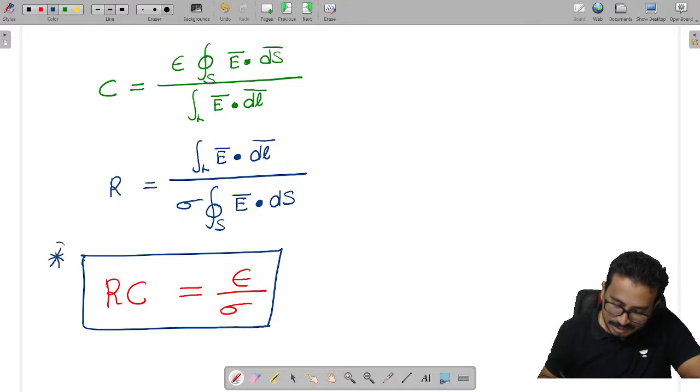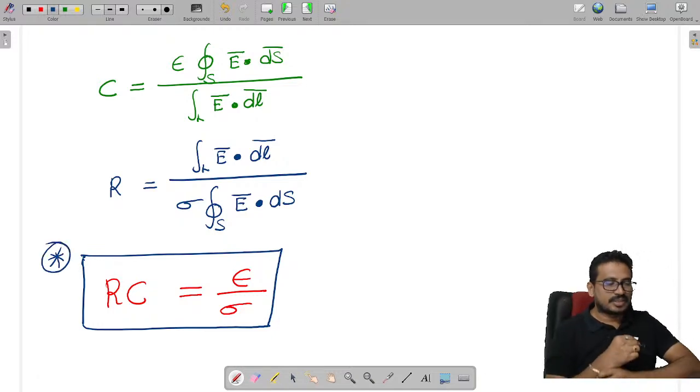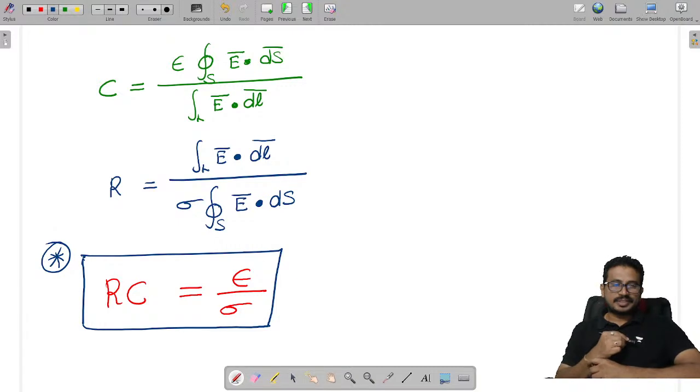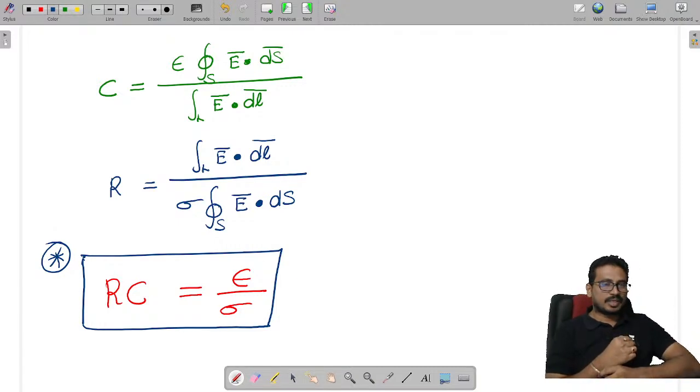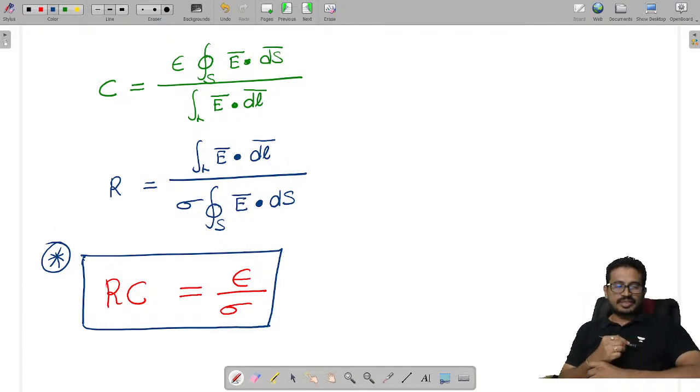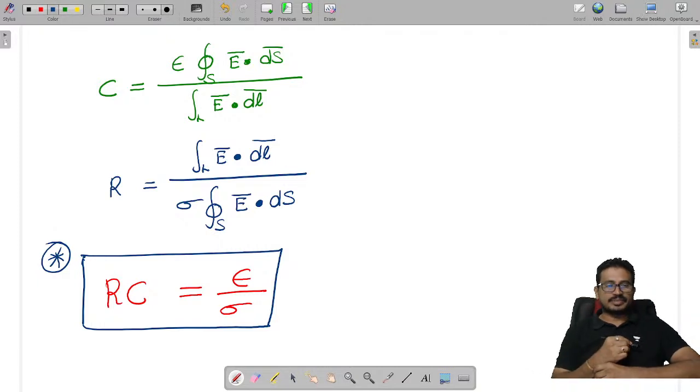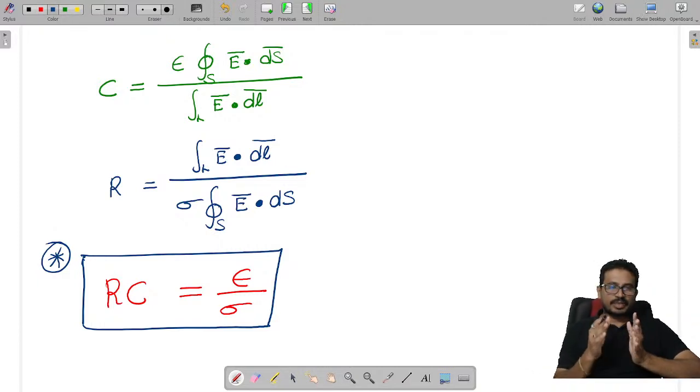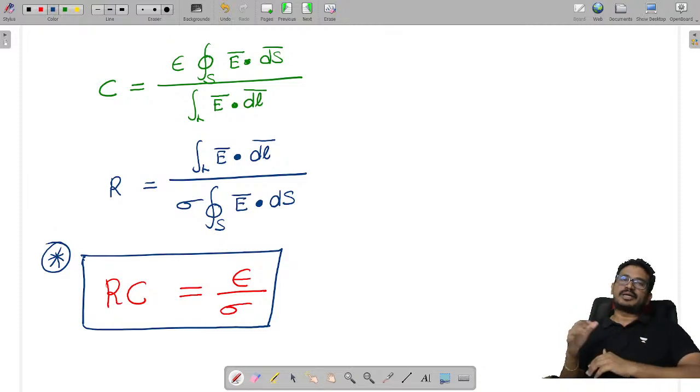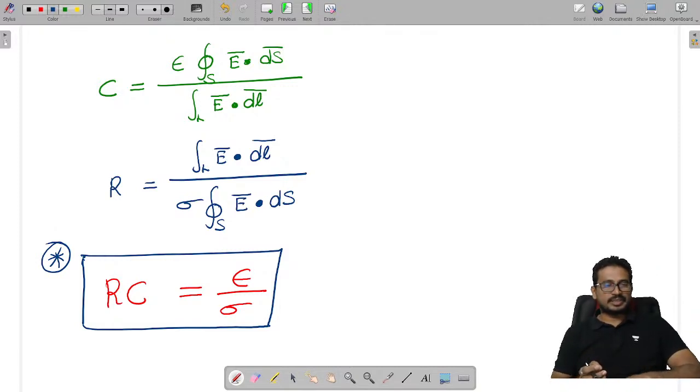This is the relationship between the resistance and the capacitance. By using this relation, if we know one parameter we can get the other parameters.